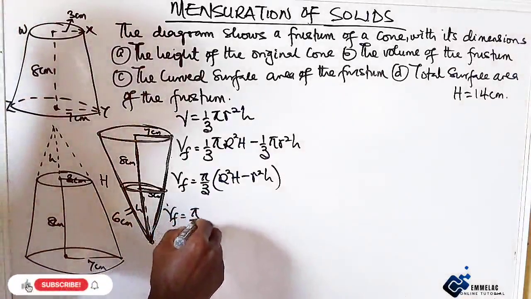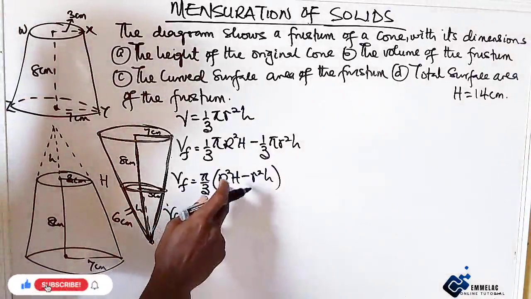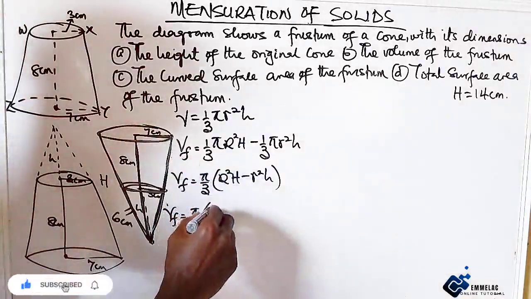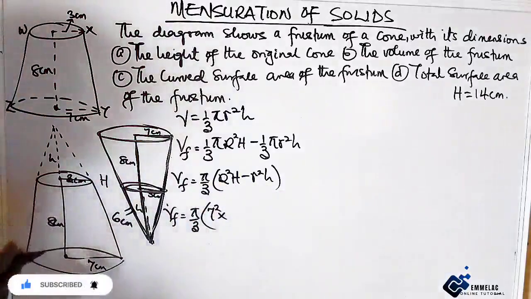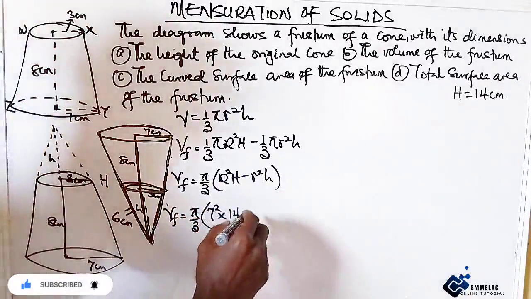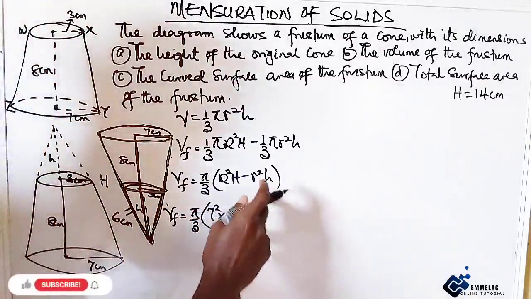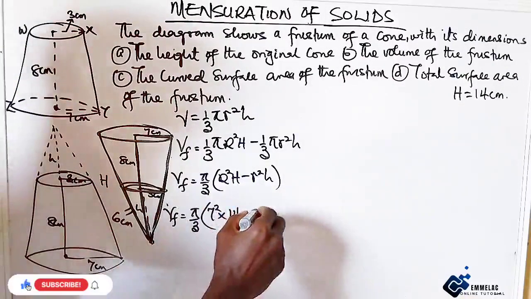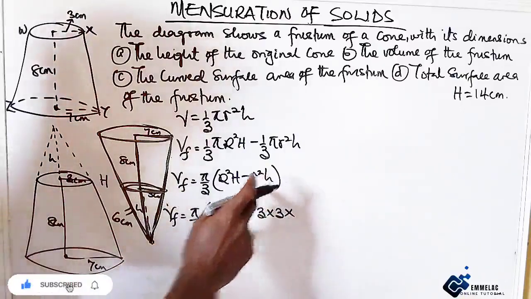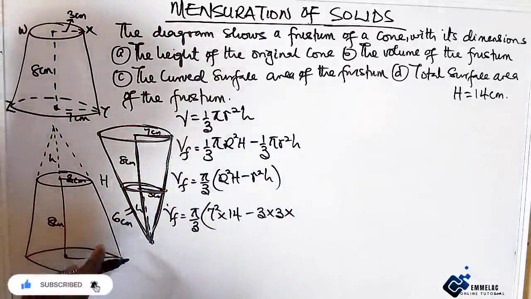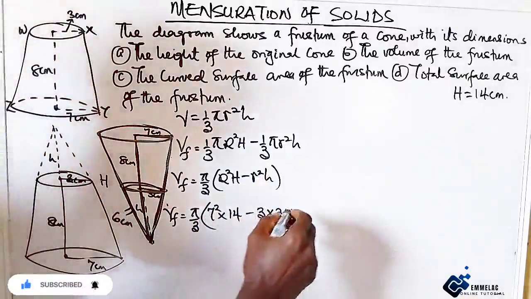That will be pi over 3 into big R is 7 squared times H, the bigger H is 14, then minus the smaller r, that will be 3 squared, times the smaller height, which is what? 6.